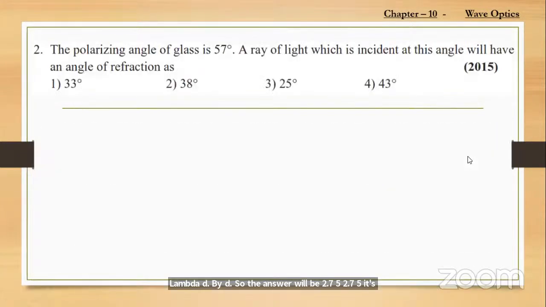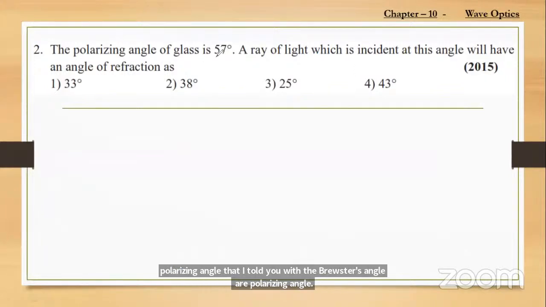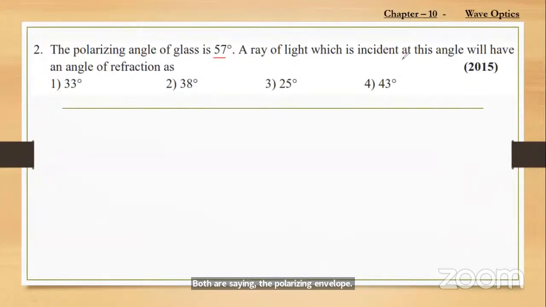Next question is based on the polarizing angle, which I told you is the same as Brewster's angle. The polarizing angle of glass is given as 57 degrees. The ray of light incident at this angle will have what angle of refraction?